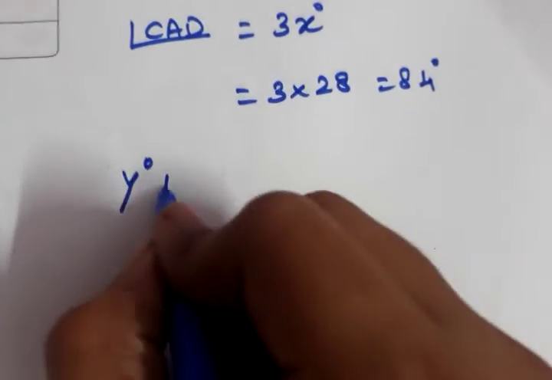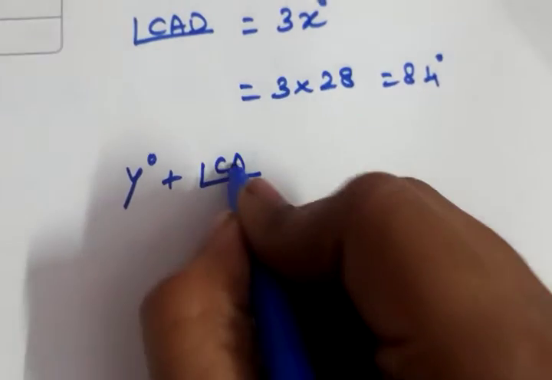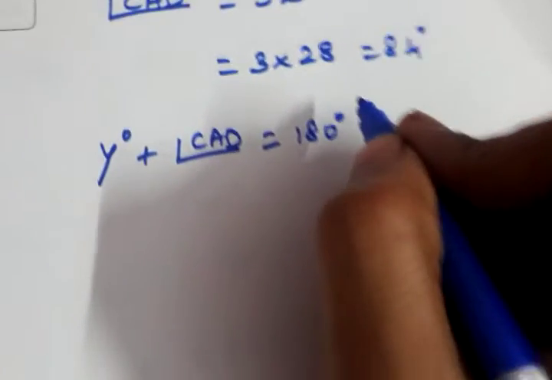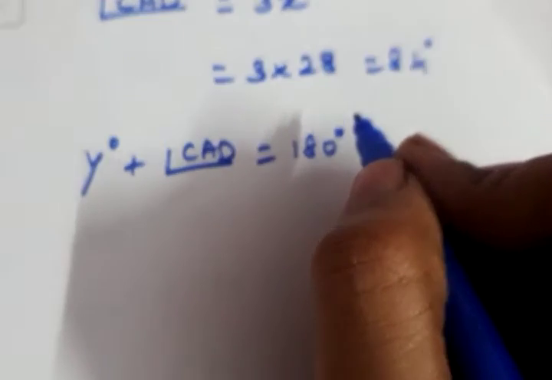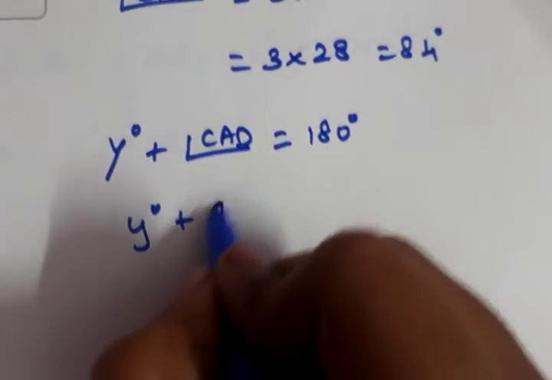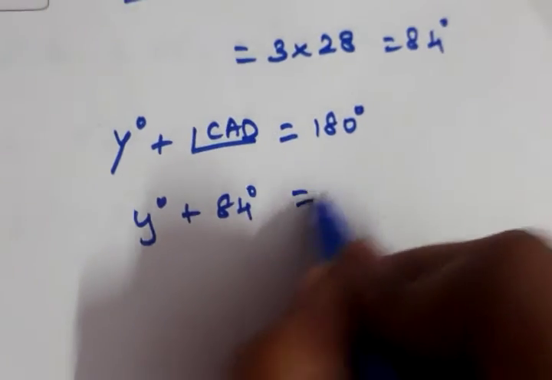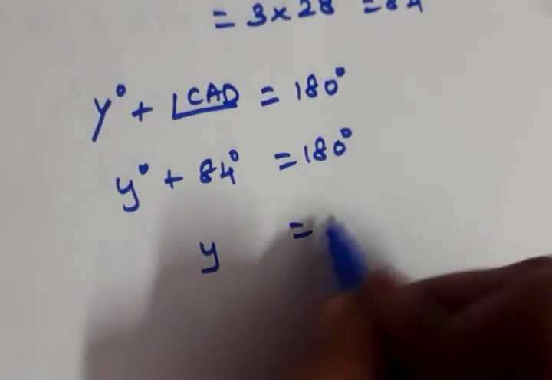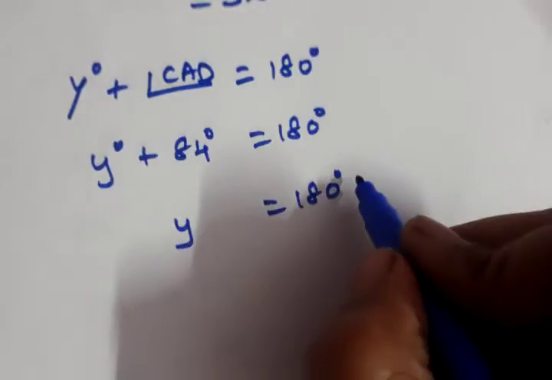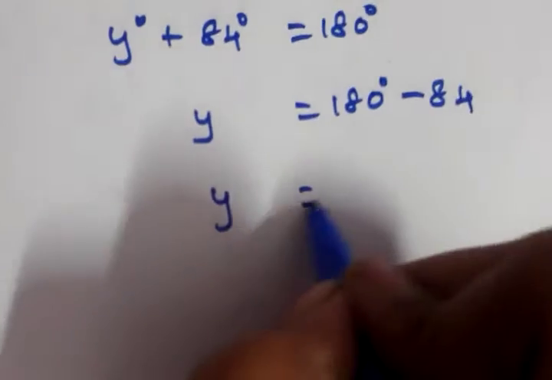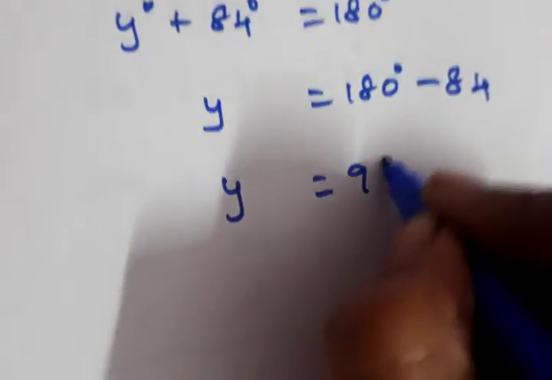Find the value of y degrees plus angle CAD equal to 180 degrees. Then y degrees plus 84 degrees equals 180 degrees. So 84 transposes to minus 84, and we got y equal to 96.